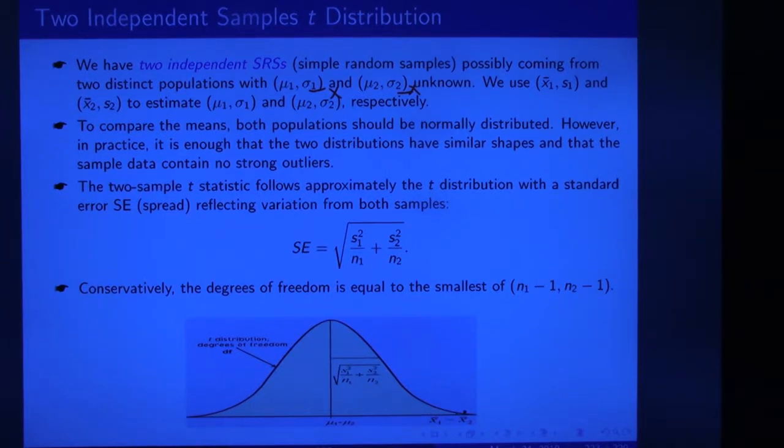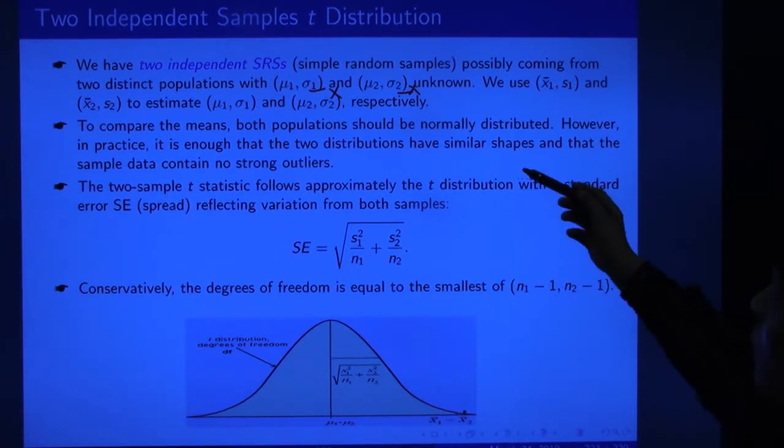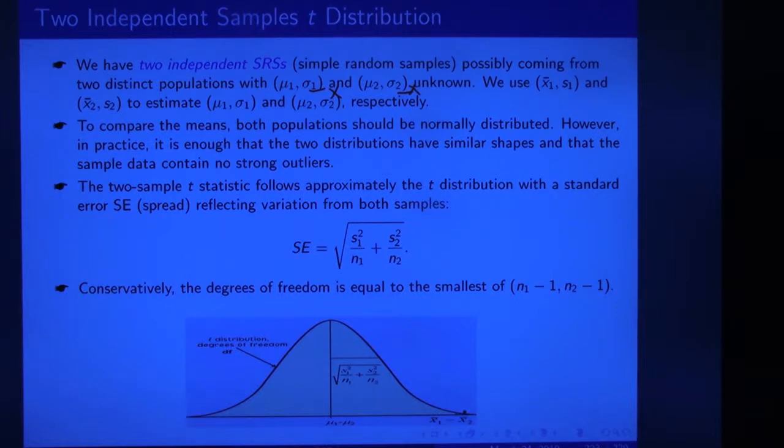To compare the means, both populations should be normally distributed. However, in practice, it's enough that the two distributions have similar shapes and that the sample data contains no strong outliers. Even if they are not normal distributions, we can still use this procedure.